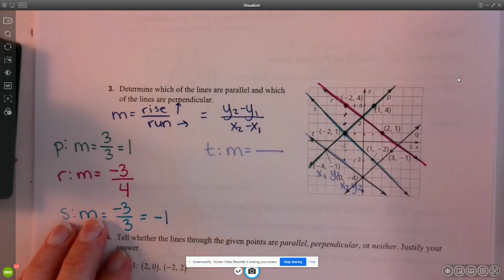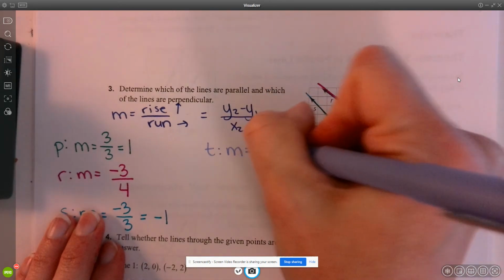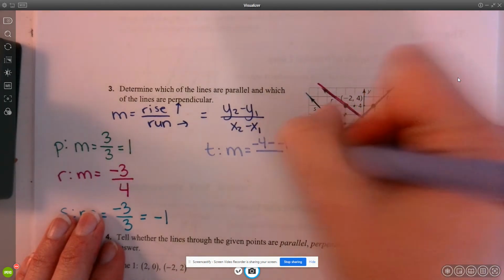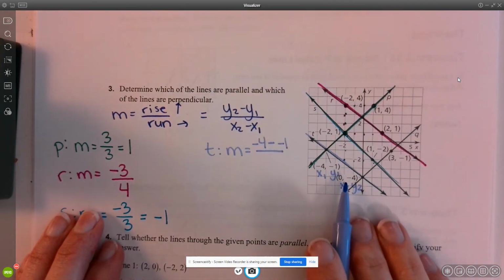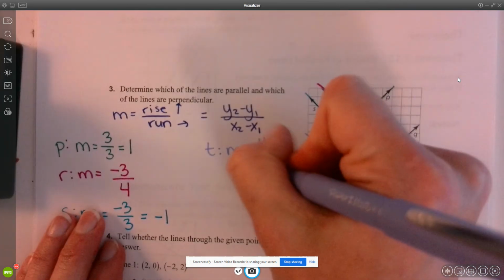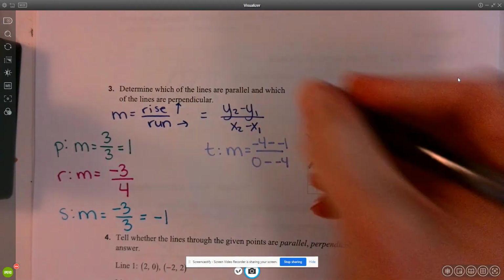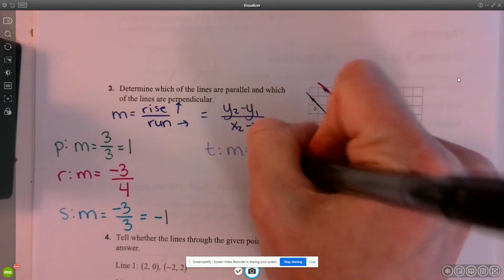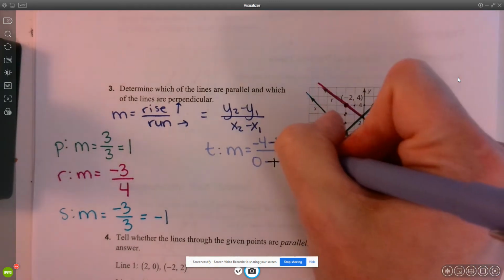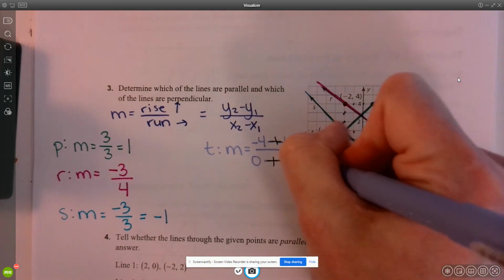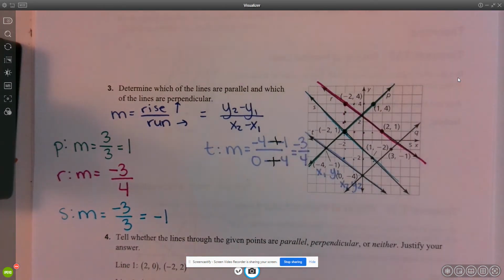So I'm going to have y2 minus y1 in the top, negative 4 minus negative 1, and 0 minus negative 4 in the bottom. Remember, minus and negative, that's the same thing as adding. So negative 4 plus 1 is negative 3, and 0 plus 4 is 4. So the slope of line T is negative 3/4.